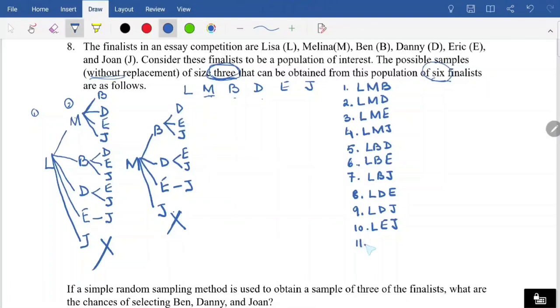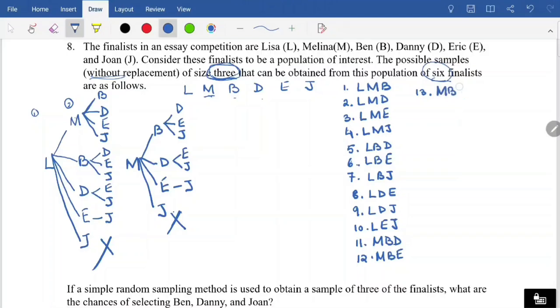So now let's walk the tree and continue making our list. So number 11 is going to be MBD. Then number 12 is MBE. Then number 13, MBJ, right?